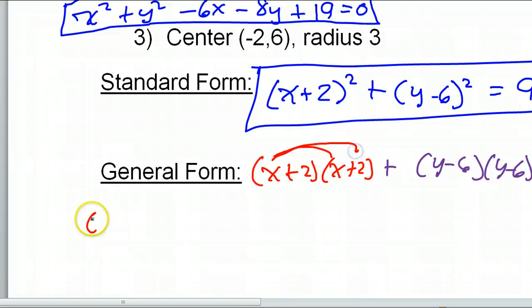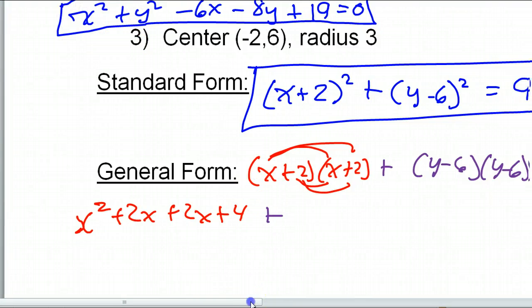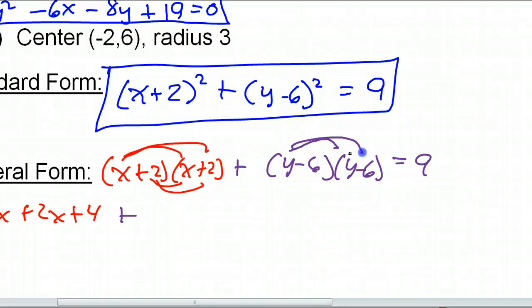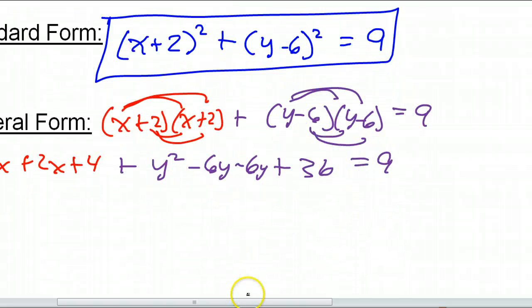All right, so double distributing. So I've got x squared plus 2x, and then plus 2x plus 4. And then I've got doing the y values. Bam, bam, bam, bam. So I've got y squared minus 6y plus 36 equals 9.